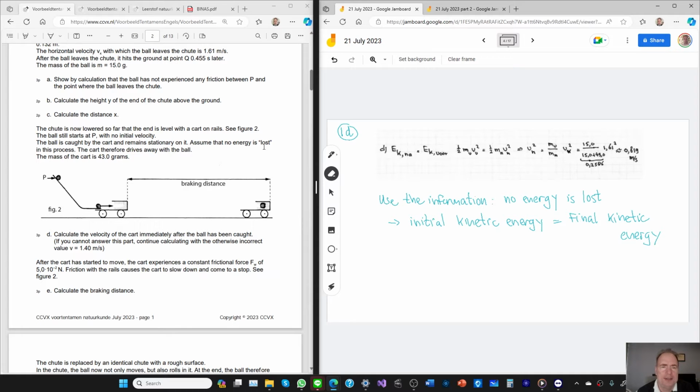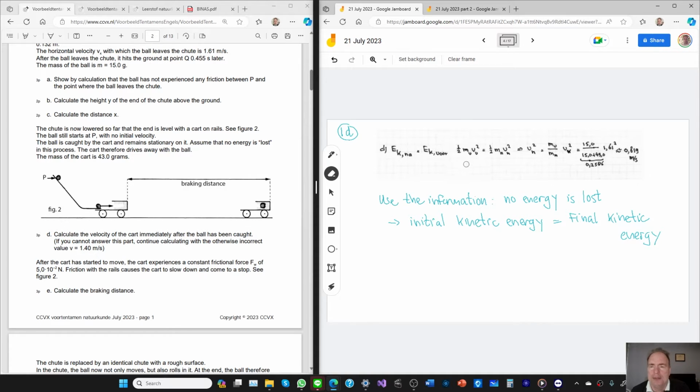In this case, they say no energy is lost in this process, which means that just before the ball collides with the card and right after, all the energy is conserved. And there's no change in gravitational potential energy, because it's all at equal height. So we just say that the kinetic energy after is equal to the kinetic energy before.